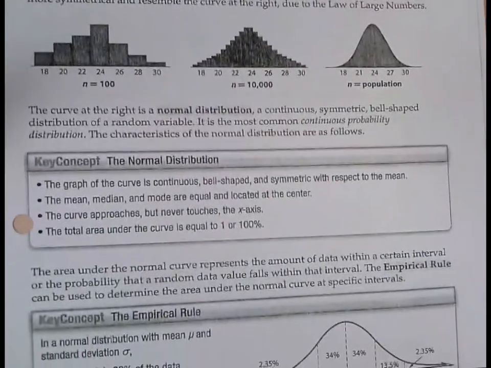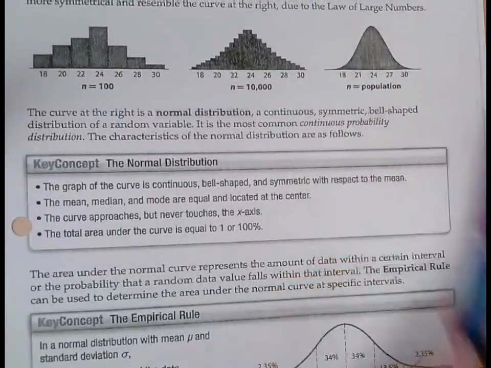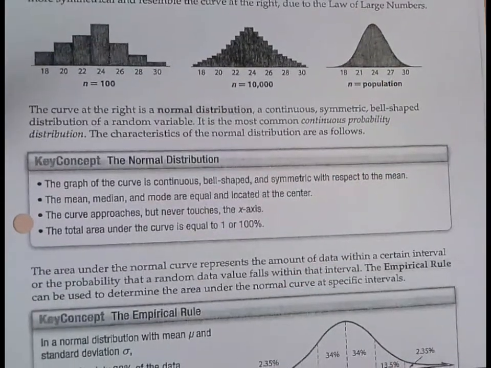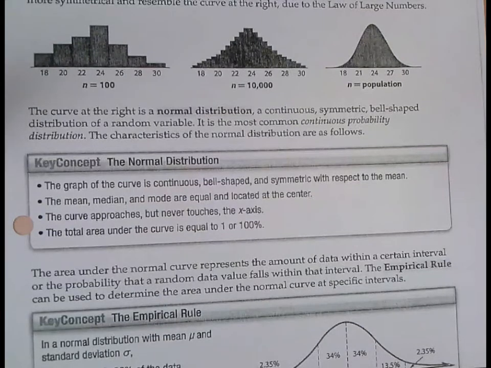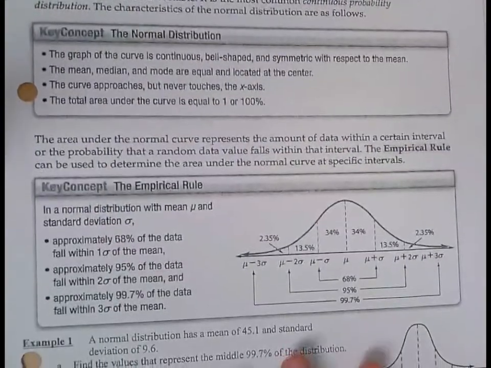So the curve at the right, this curve right here, is a normal distribution. And what a normal distribution is, it's a continuous, symmetric, bell-shaped distribution of a random variable. It's the most common probability distribution and has the following characteristics. The first one we've already talked about.